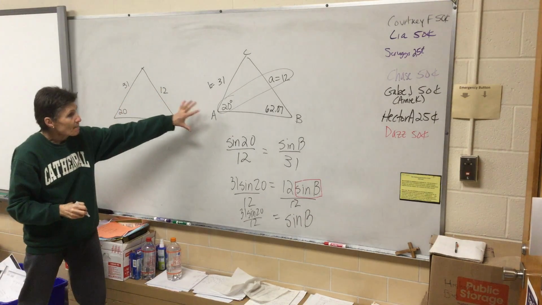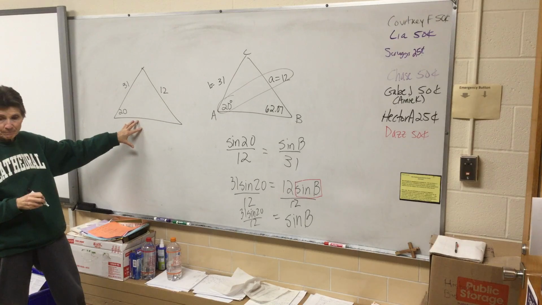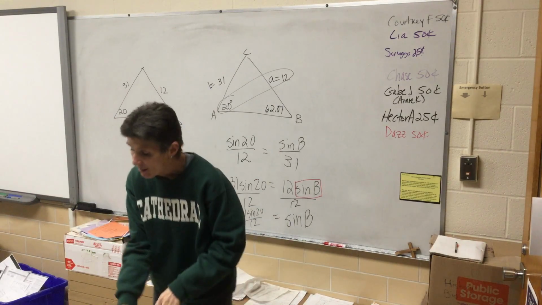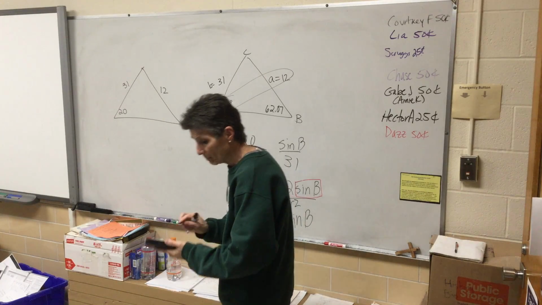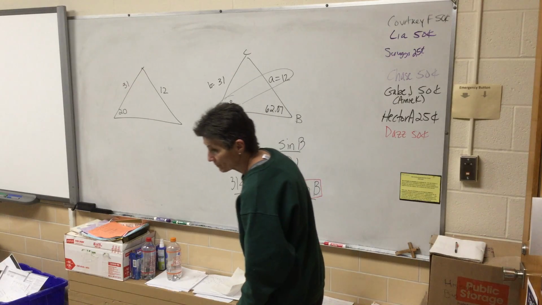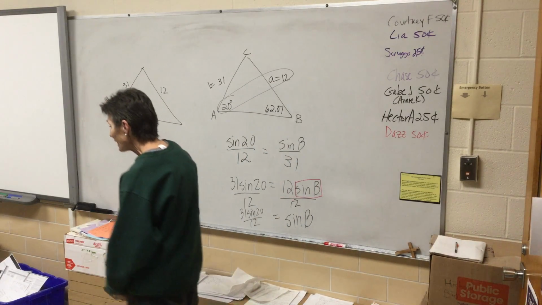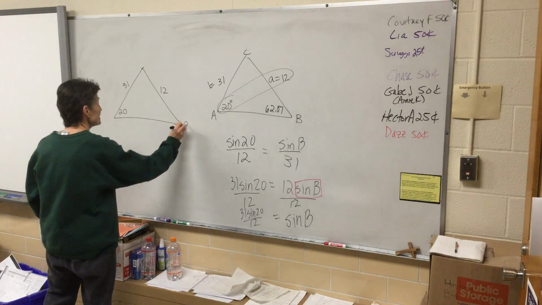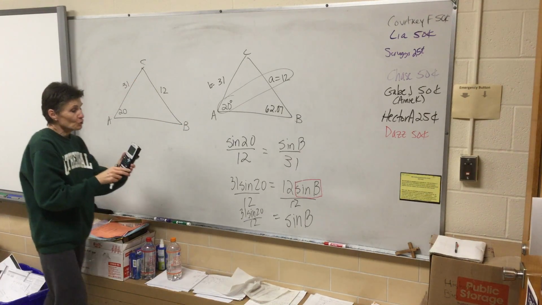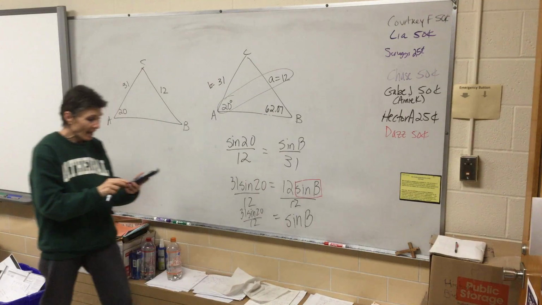draw your same picture over again. You have already figured out that one possible angle B is 62. To check to see if there's another possible angle B, do 180 minus that.